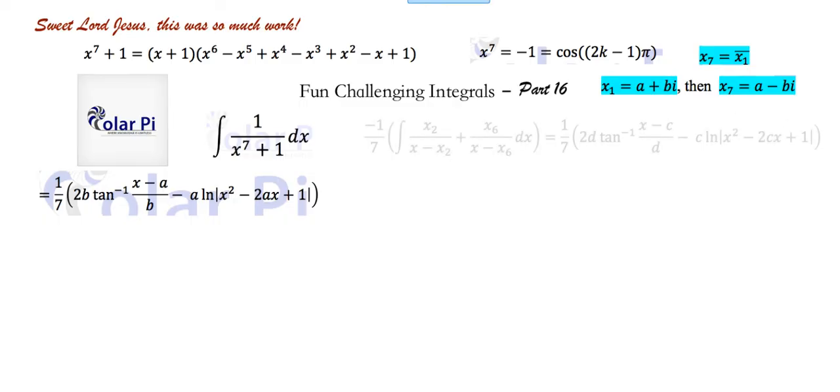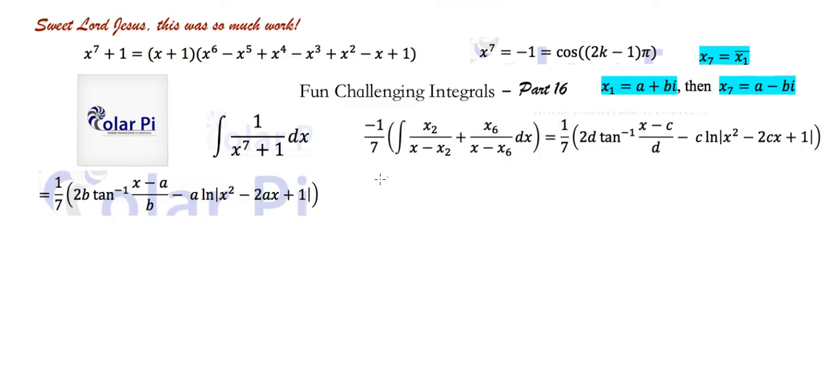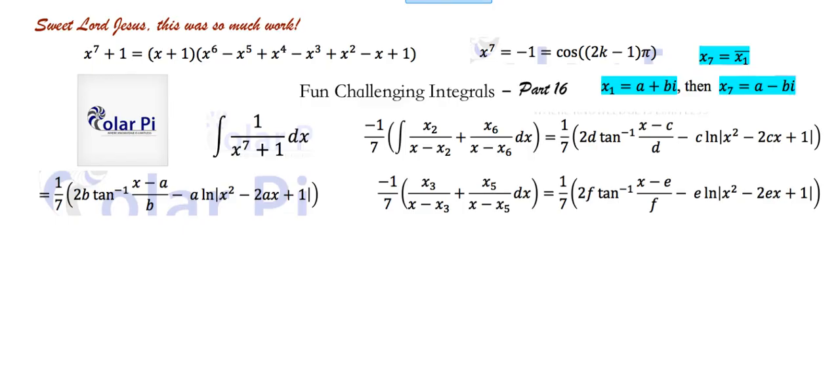And they're going to work very similarly to how the fractions with x1 and x7 worked out. And so our final answer is going to be this for this integral here. And then similarly, our final answer is going to be this for the integral of the two fractions involving x3 and x5.